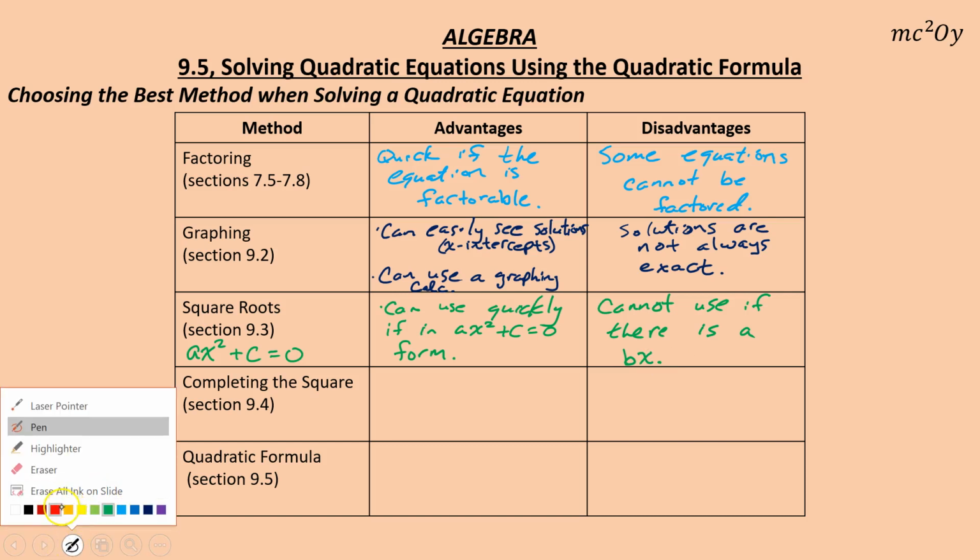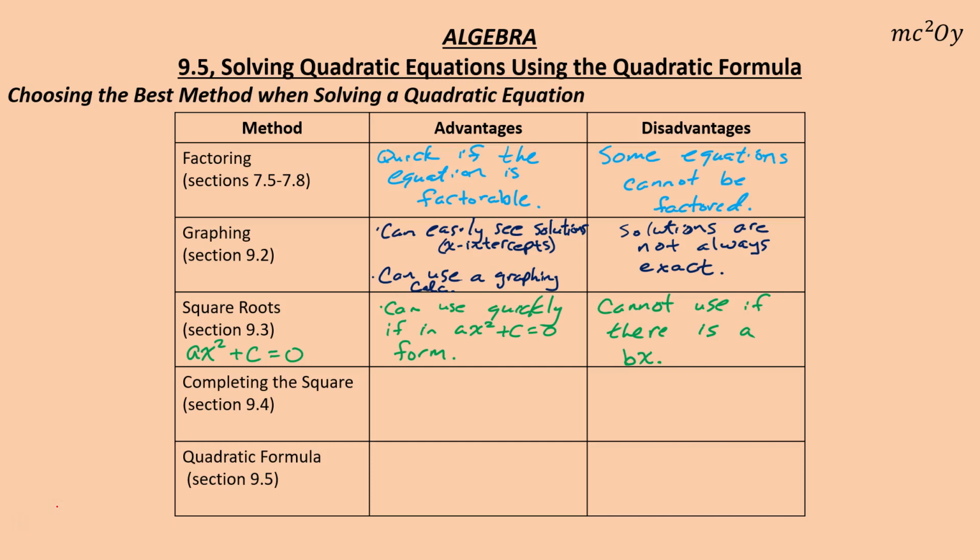Our previous lesson was completing the square, and a lot of people like it. It can be used quickly if a is 1 and b is even. Which also lends itself to the difficulties there, the disadvantage.